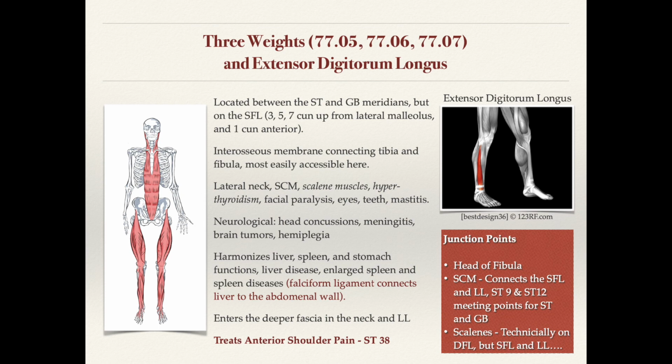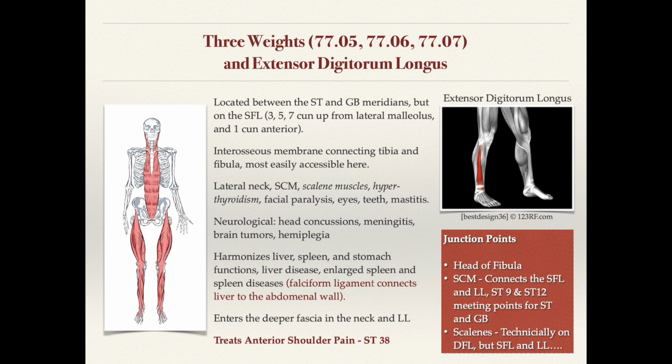So the SCM is a part of this superficial front line, but the SCM is also part of the lateral line as well. So in both the area of the distal legs and this area of the extensor digitorum longus, we find a convergence of the gallbladder and stomach meridian coming together in the feet.